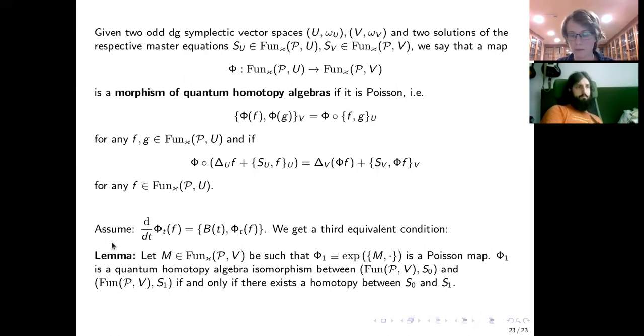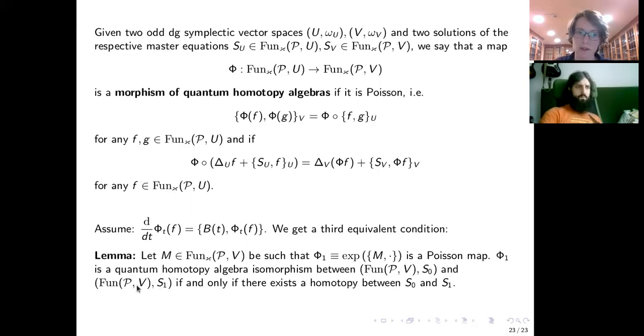our definition of homotopy, and it's that if we have the element in the formal functions such that we can think about phi1 as this element, then it is a Poisson map.